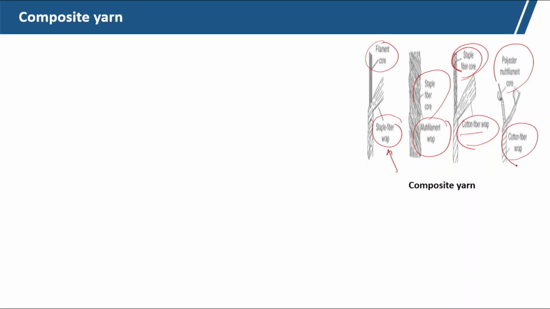So, different types of combinations we can make. Okay. So, there you can see here it is another multi-filament, here another multi-filament. So, three types of structure, multi structures we can use.